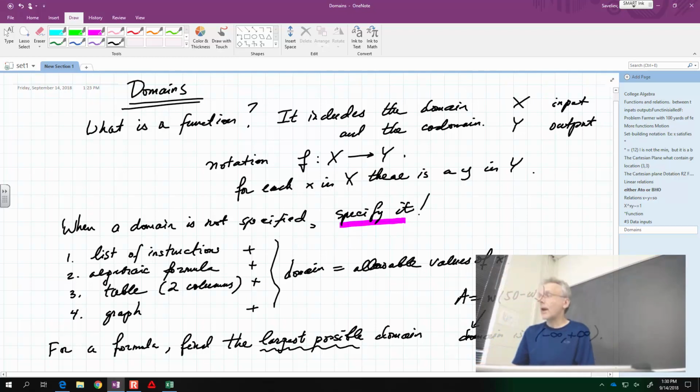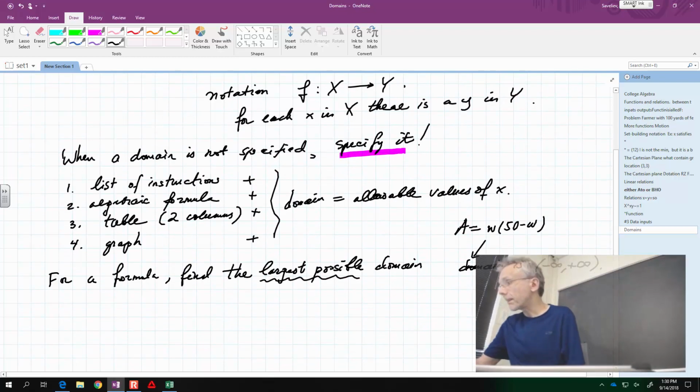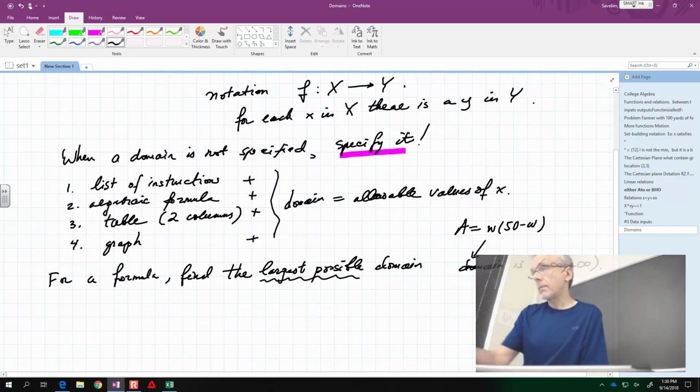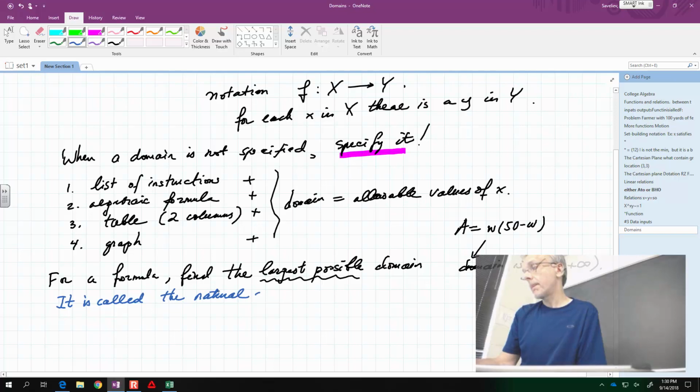Once again, every value you plug in will give you a legitimate output. The largest one is called the natural domain, or the implied domain.